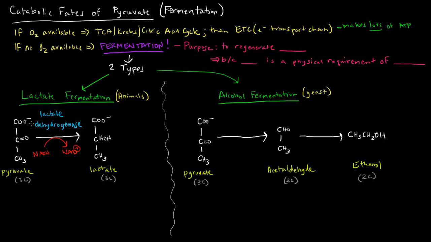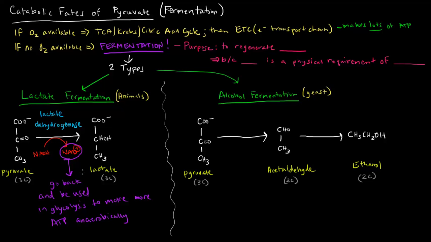The reason is that this NAD+ can go back and be used in glycolysis to make more ATP anaerobically, because there's no oxygen. We need to make this ATP anaerobically.